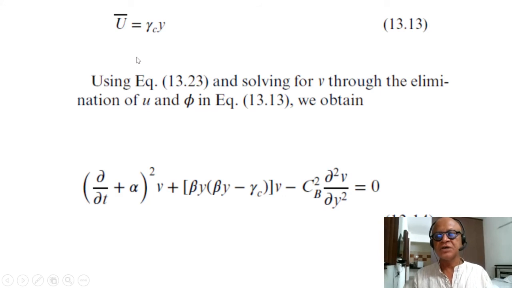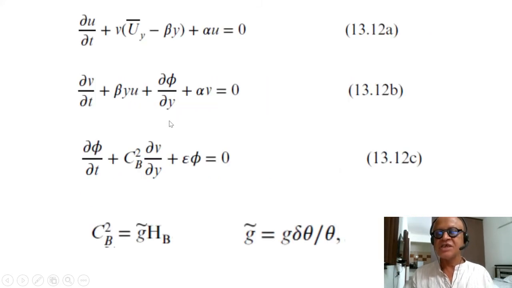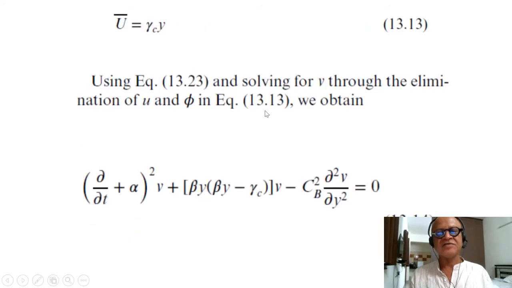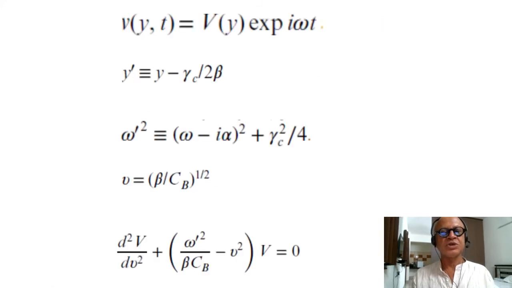So using equation 13.13 actually, and solving for v through the elimination of u and phi in these equations, all kinds of wrong numbering, Peter, we obtain this equation. Again, we are obviously going for wave form equations, so we can see whether instabilities do exist and based on what conditions.